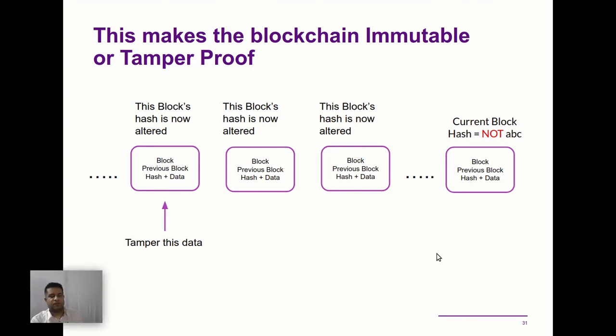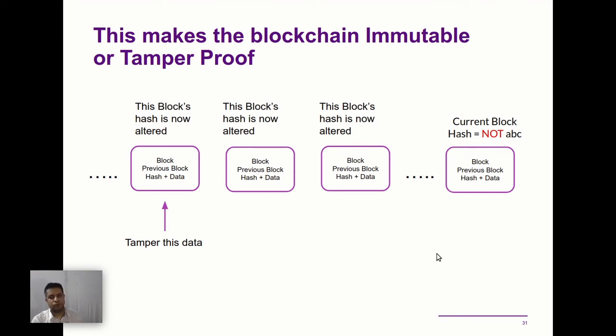Now imagine someone tampers with the block 3 sequences back, or block 3 in a 6 block transaction set or data set. When someone tampers with the data of block 3, the hash of that block is also going to change, and we'll talk about how hashes work and how hashes change.